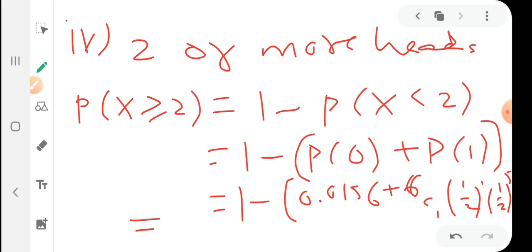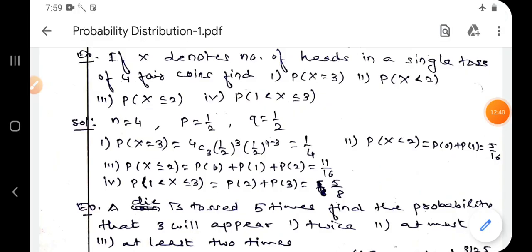You will get your answer, 0.0375. You check your calculation, 1 minus the total, or simply find P of 1 separately and then solve it, no problem. Understood?